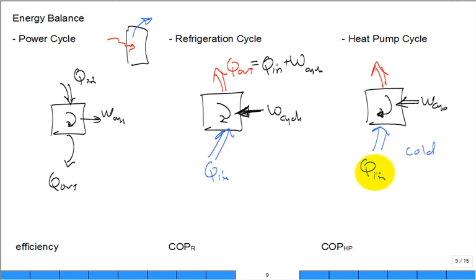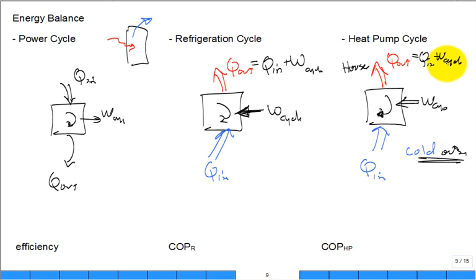You mean the cold outside on a cold winter day, you're going to make it even colder outside so you can get some heat out of that cold air that's outside? Yep, and then contribute that and dump it into the house. And from an energy balance, Q out, this is really going to the inside of your house. This is the cold outside, right?